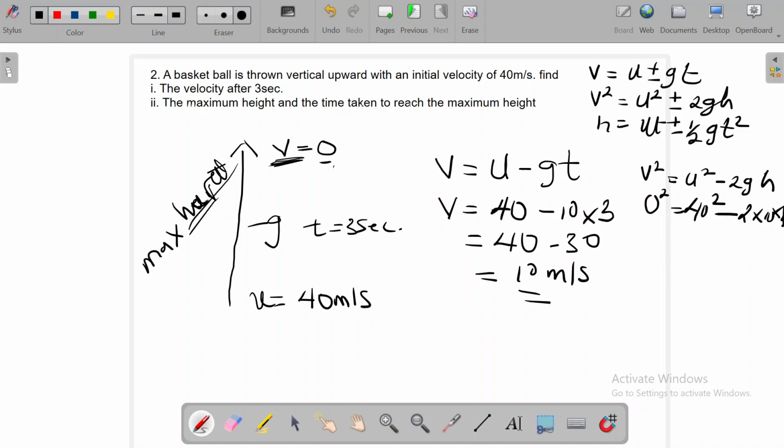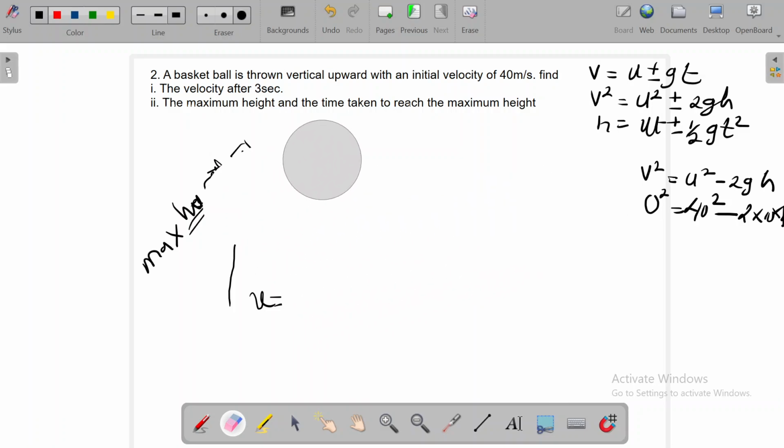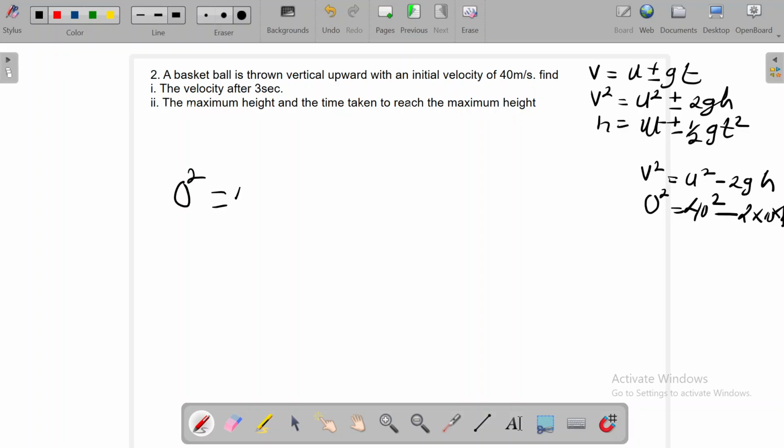Okay, let me try to make it a little bit clearer. So this now becomes 0 square is equal to 40 square minus 2 times 10 times h.